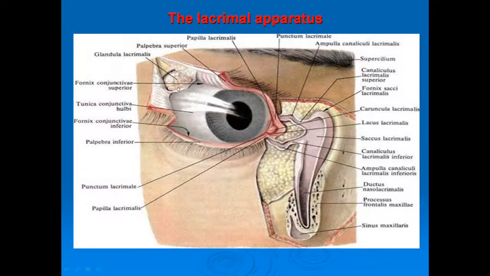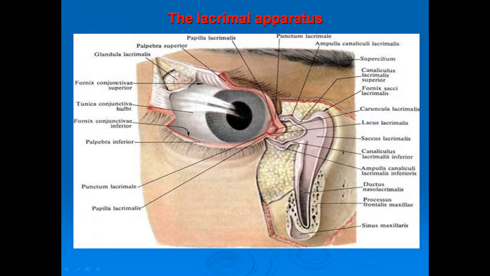Look, you can see the lacrimal gland located in our orbit, laterally and superiorly from the eyeball. It produces lacrimal fluid. Then you can see superior and inferior lacrimal ducts. This is lacrimal lake, punctum lacrimale or points.